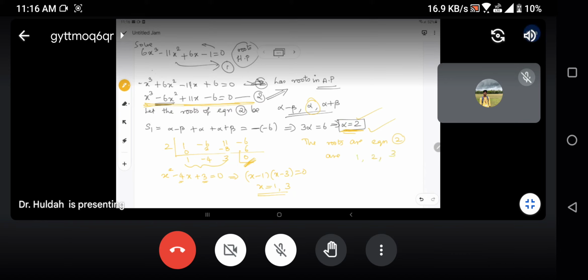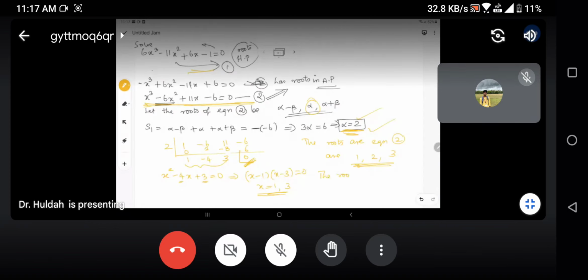Okay, children, did you understand this? I got 1 and 3 here, 2 here. 1, 2 and 3 are roots of equation 2. But I am not asked to solve equation 2. I am asked to solve equation 1, where the roots are in HP. What difference have I told you between AP and HP?